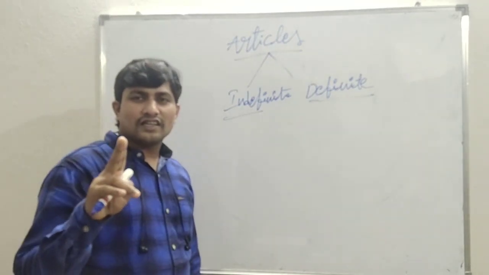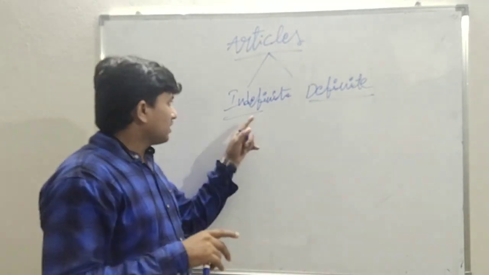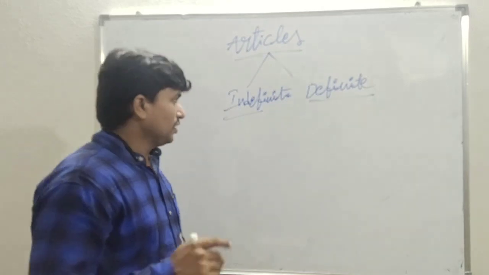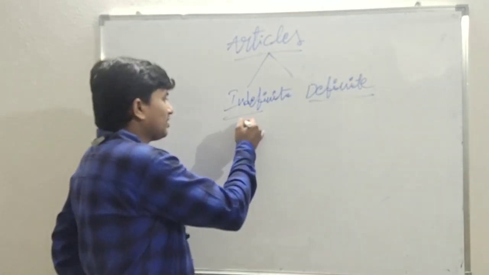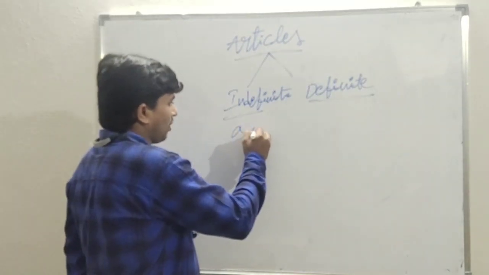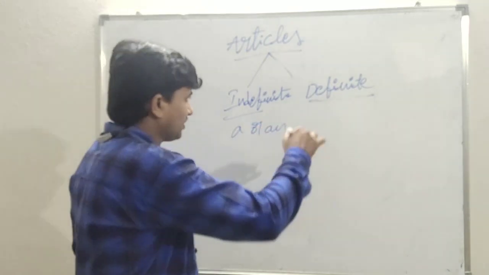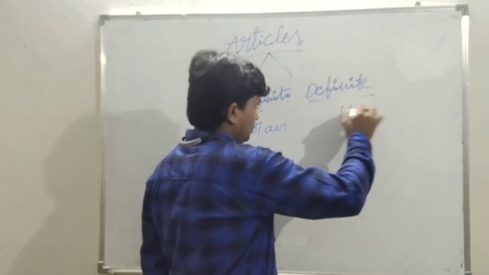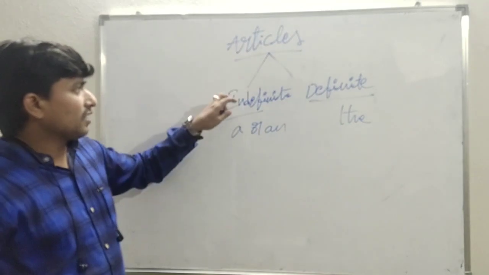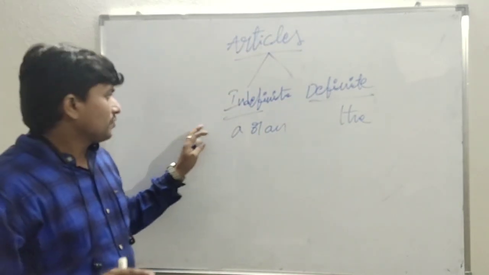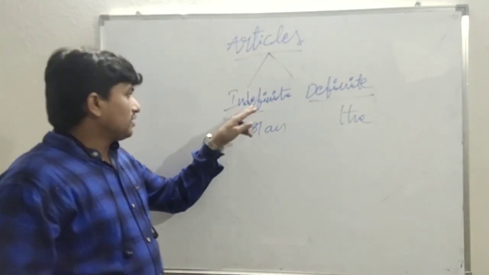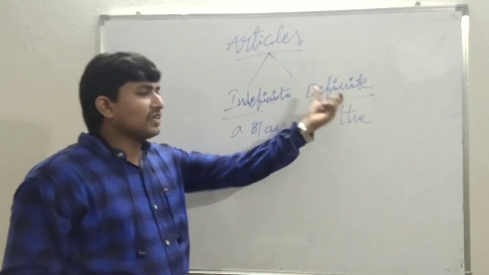Articles are of 2 kinds. The indefinite article is a or an. The definite article is the. Very clear.